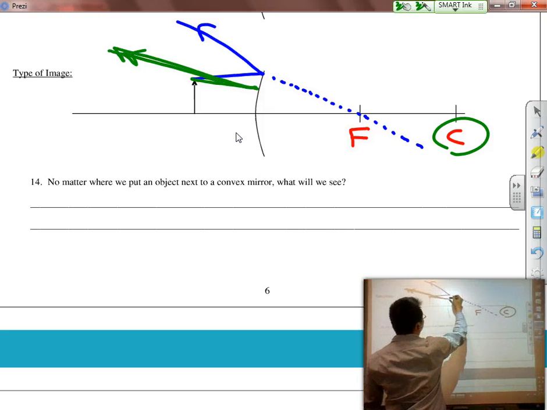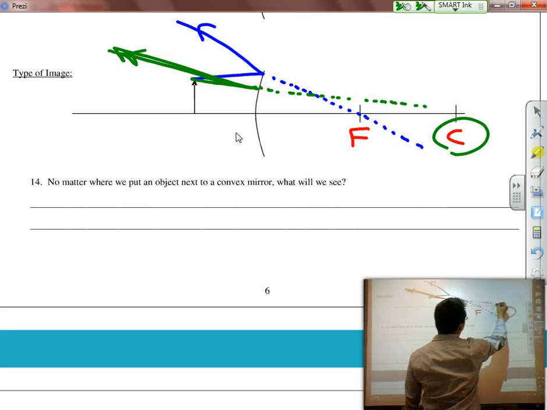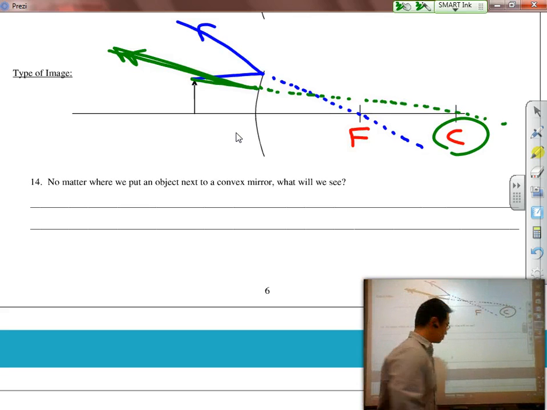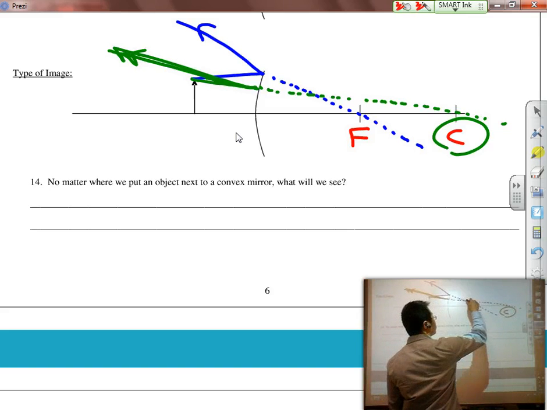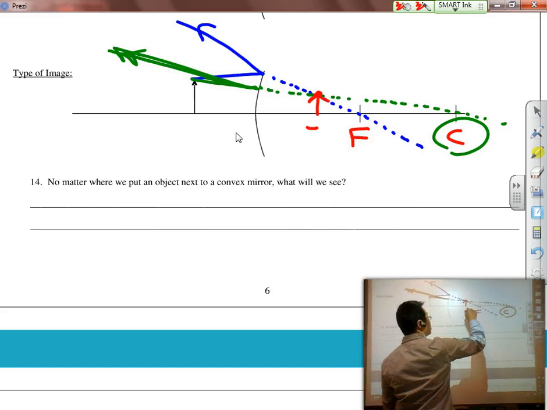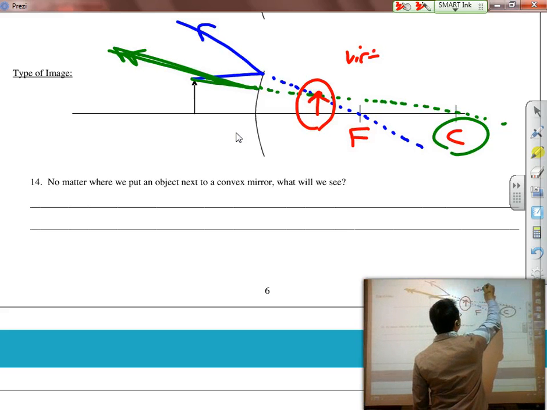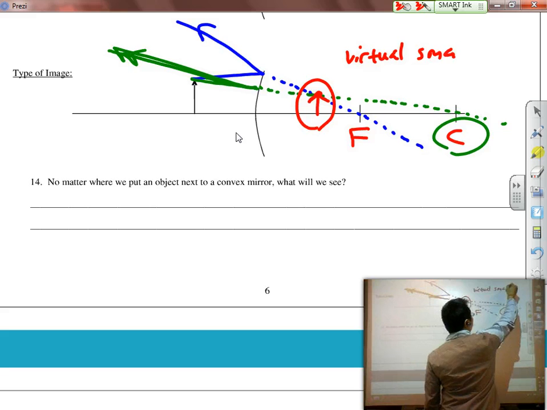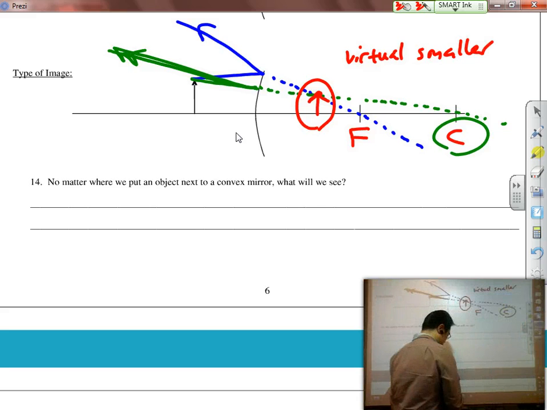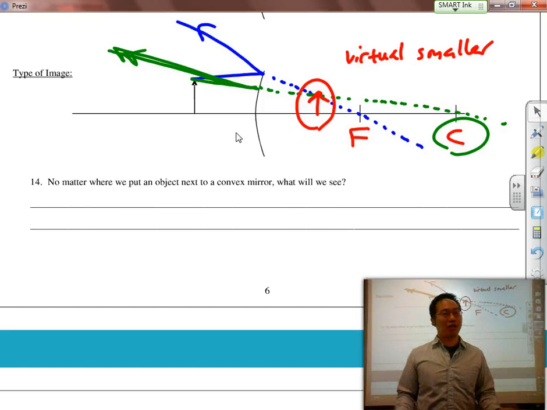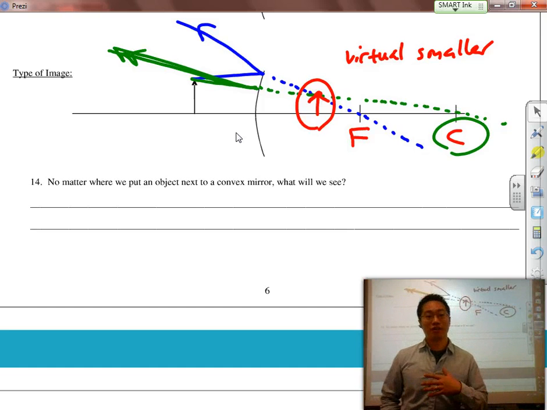But if I bring it back through, it passes through C. And where those two lines converge, there's my virtual smaller image.